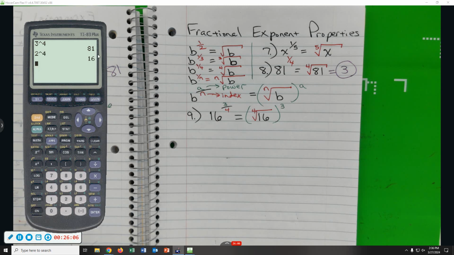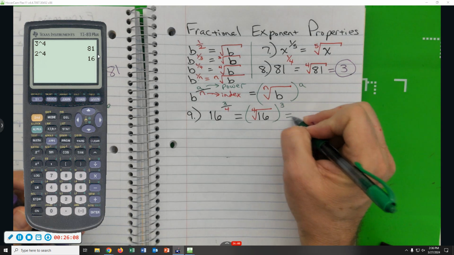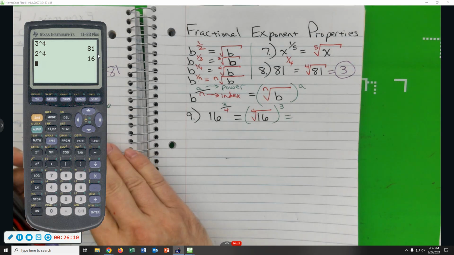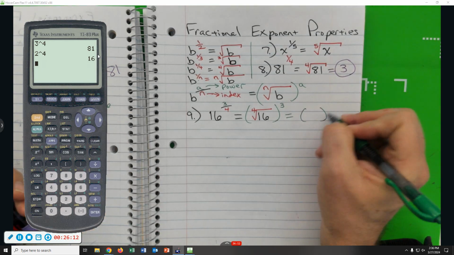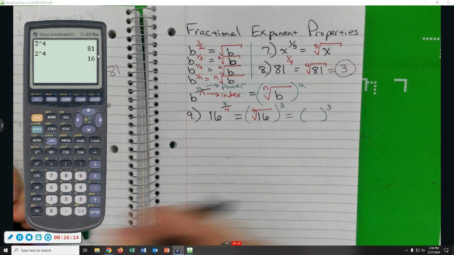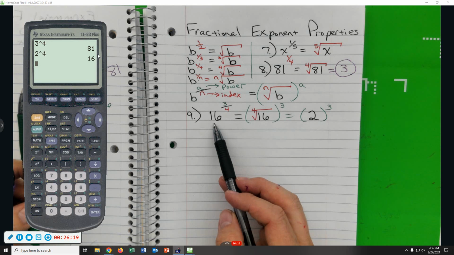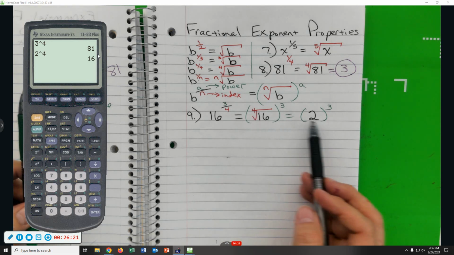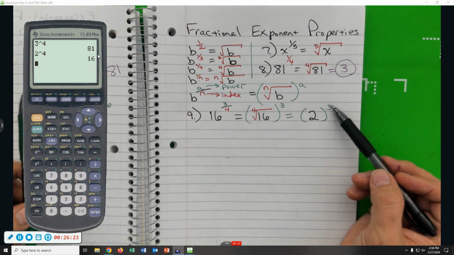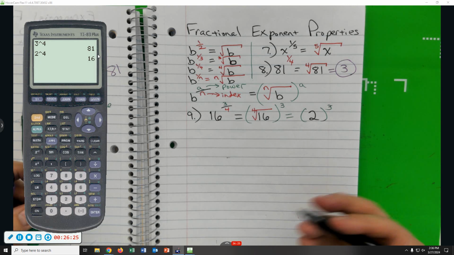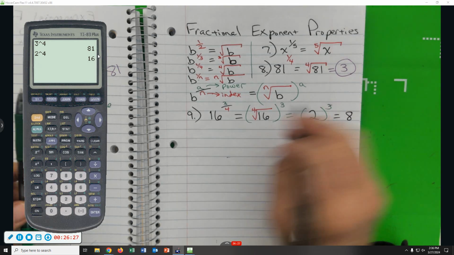Yes, it does. So the fourth root of 16 is 2. We simplify the radical first. The fourth root of 16 is 2. Now what's 2 cubed? 8 for my final answer.